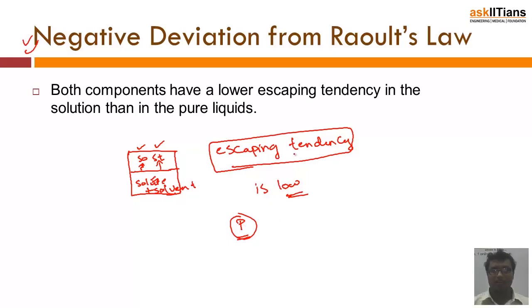If the tendency of escaping is low, very few components will be turning into vapor. So if very few particles are turning into vapor, the pressure is also lower. The total vapor pressure is also lower. So such solutions in which the components have lower escaping tendency are bound to show negative deviation from Raoult's law.